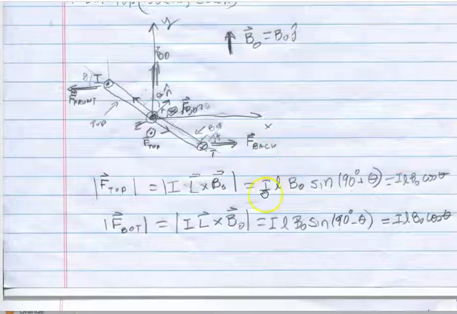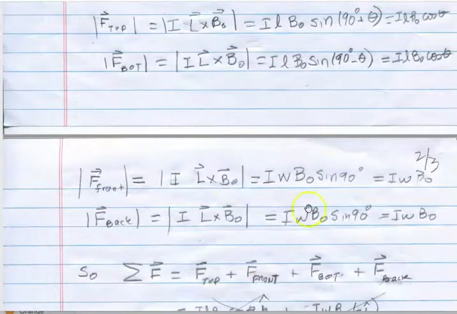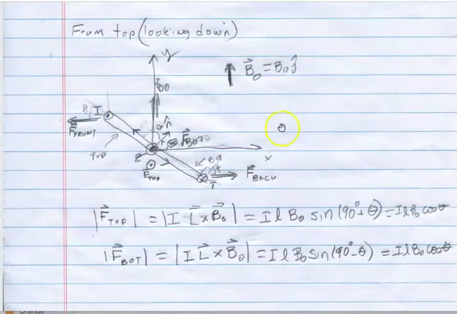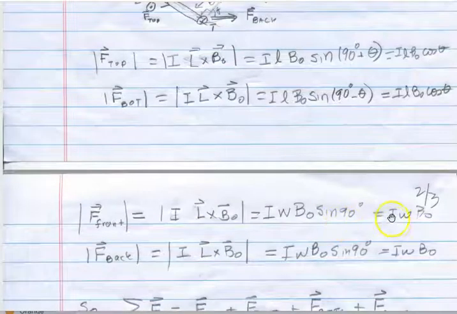So the magnitude is the magnitude of I, magnitude of L vector, but the length of that segment was W, times the magnitude of B. It's easier to see in this picture, I is coming out of the page, in the Z direction, and B is in the Y direction, and so those are at right angles. And so the angle is 90 degrees, and so it just becomes I W B naught.